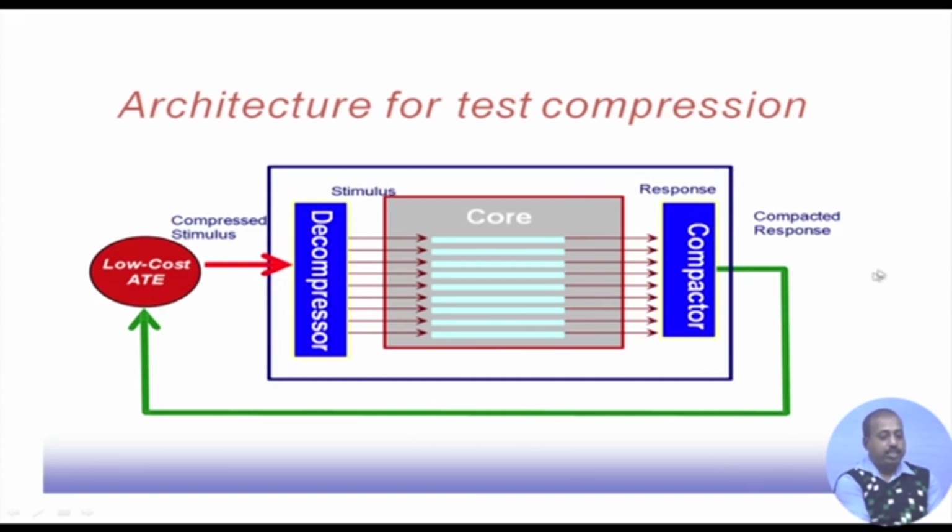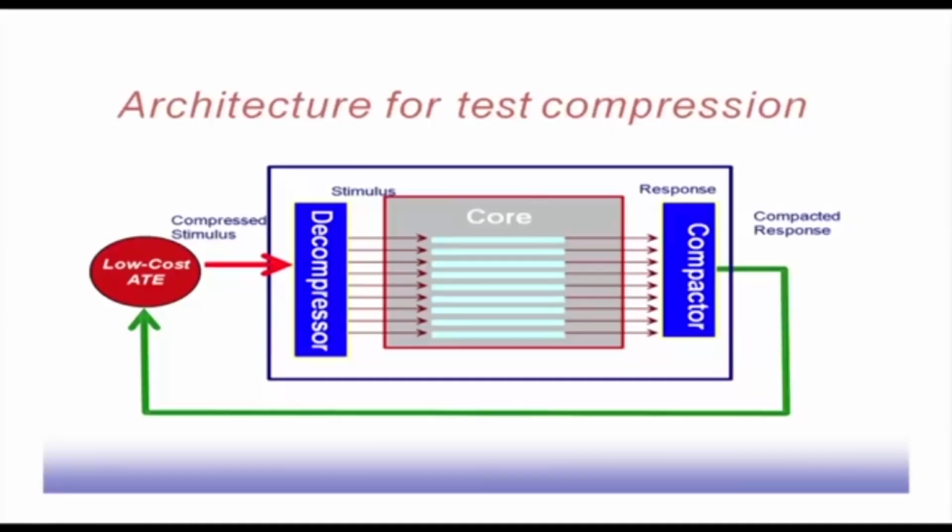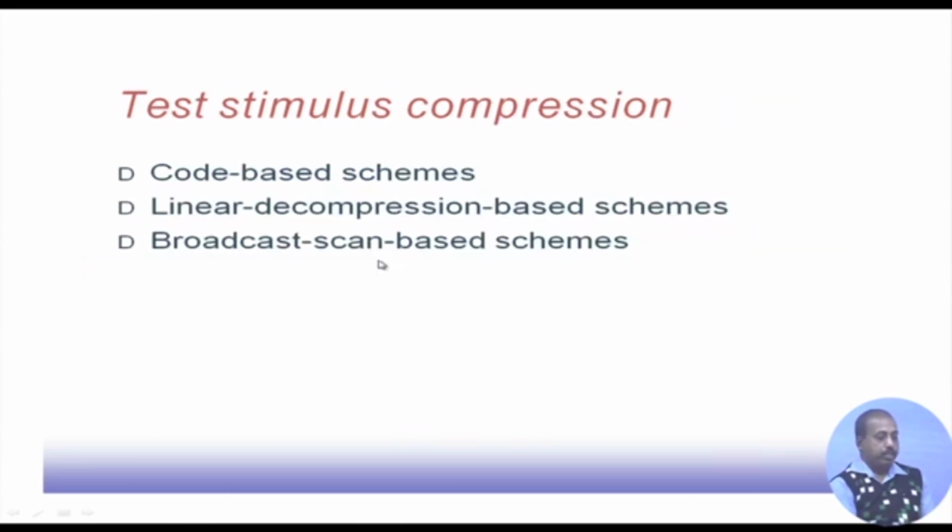On the other hand, on this side, response compaction need not be lossless, because if it is lossless, then all the information is still there, and we are not going to save on the amount of data that we transfer. In most cases, this response compaction is a lossy compaction, where we have fewer output bits compared to the number of input bits. However, in this case, it must be lossless, so we must get back the original patterns.